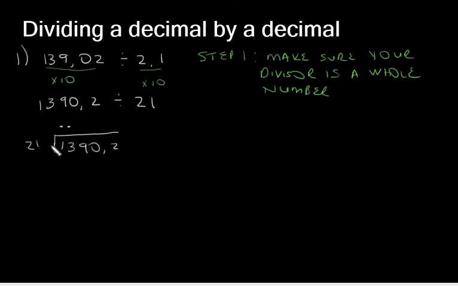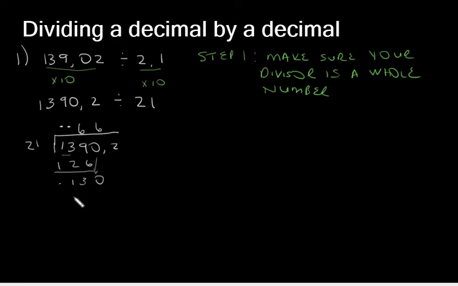So we know that 21 won't divide into 13, but it will divide into 139. Let's work that out. 21 divides into 139 6 times, and 6 times 21 is 126. What do we do now? We subtract. And what do we do with that 0? We bring it down. Now we need to divide 21 into 130, which will give us 6 again.